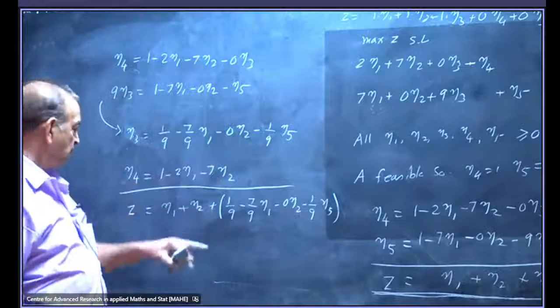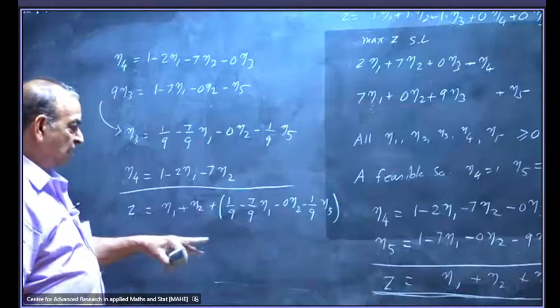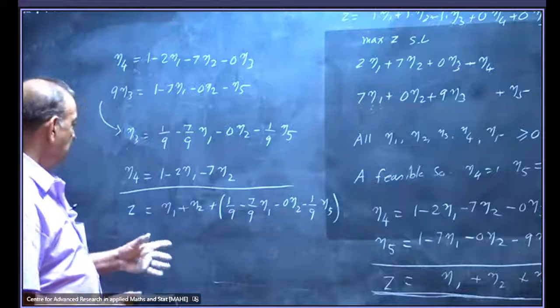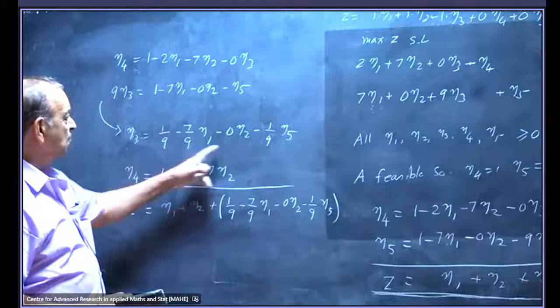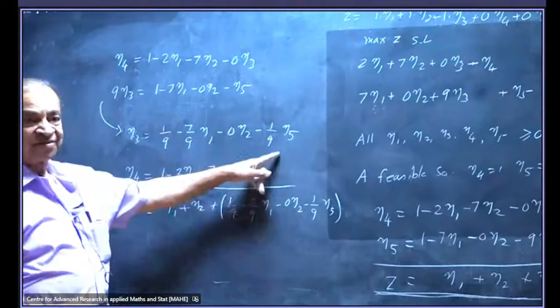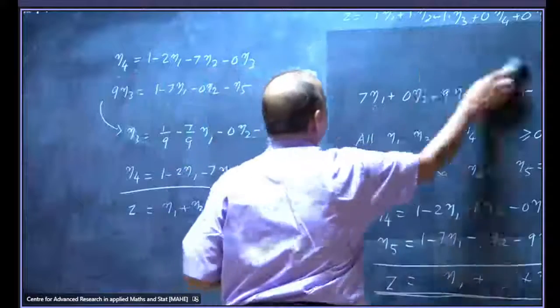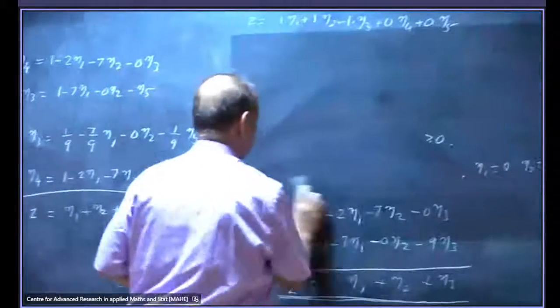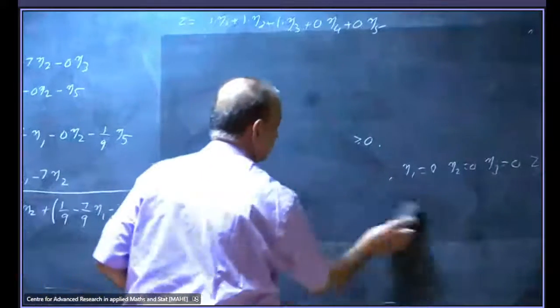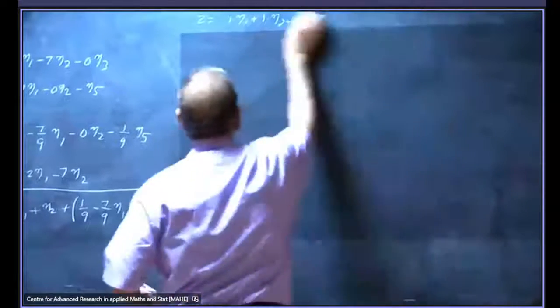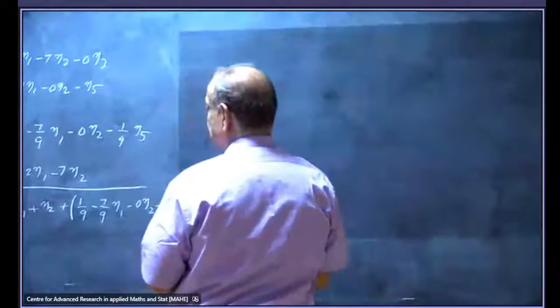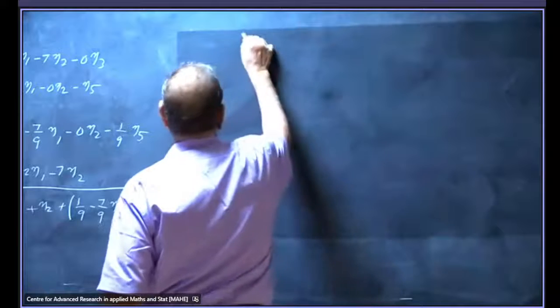Instead of Z, I should replace the eta 3 by other non-basic variables. So this I have done. So let us see what happens. So let me write down eta 3.